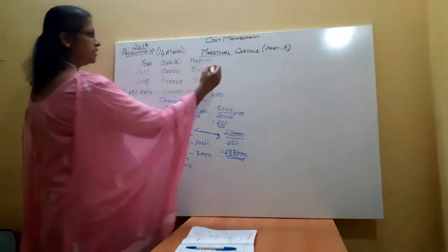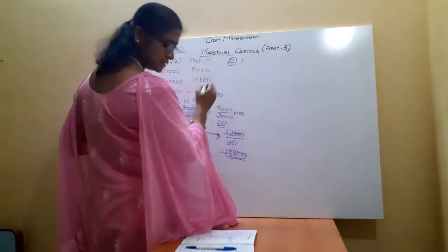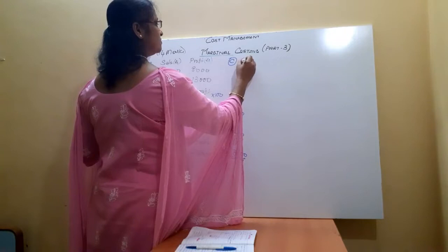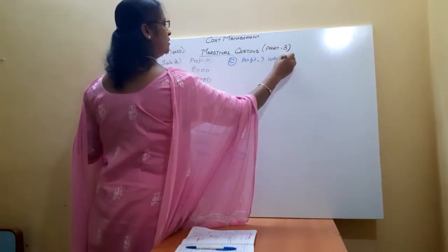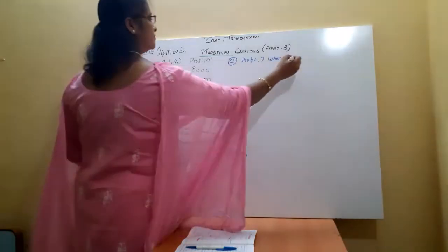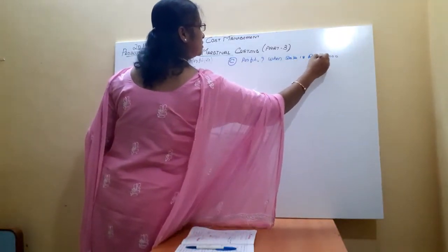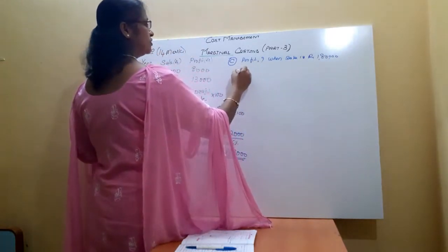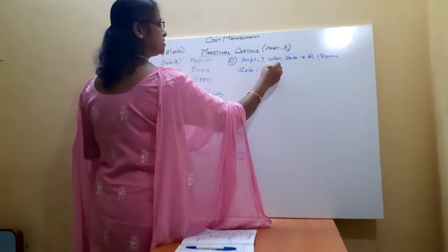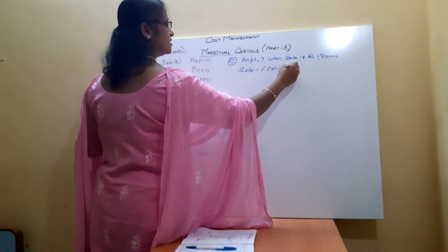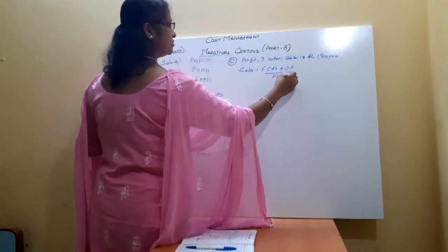Okay. The third thing they have asked us to calculate is profit when sales is 1,80,000. So what is the profit when sales is rupees 1,80,000? We know that for this, the formula is sales is equal to fixed cost plus desired profit divided by PV ratio.